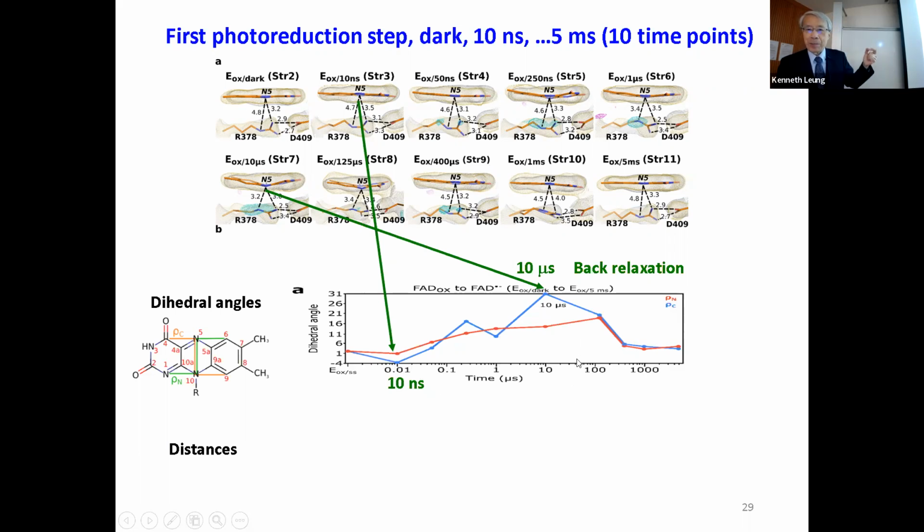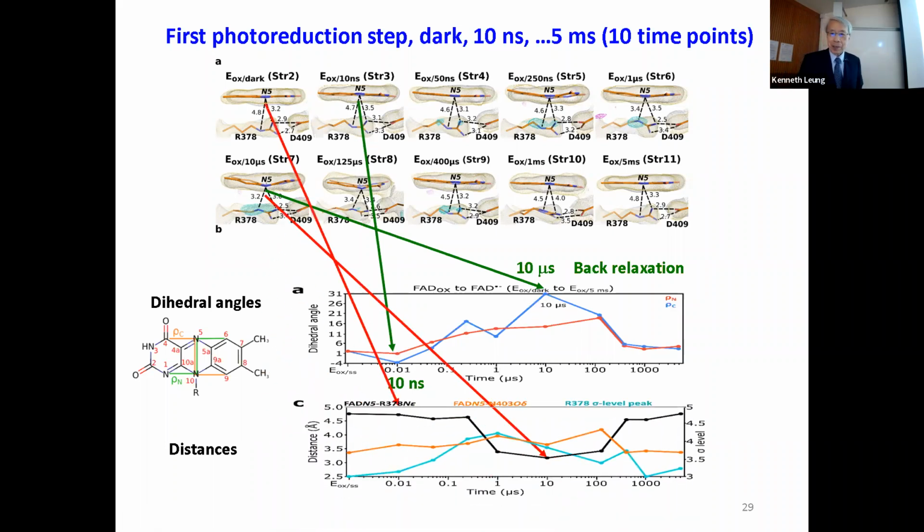As you could see here, at 10 nanoseconds very little happens. We are looking at the changes in dihedral angles here, but we have many parameters we could plot. You just compare 10 nanoseconds and 10 microseconds. 10 microseconds seems to be the peak, the maximum of this process. And then after that, it reduces back. That's how the experiment was designed.